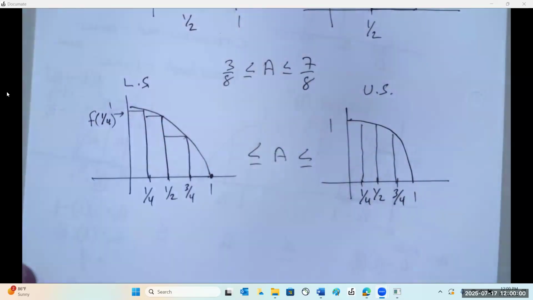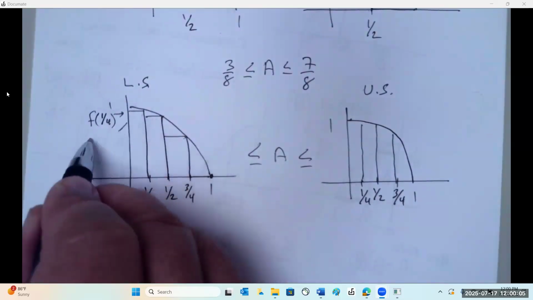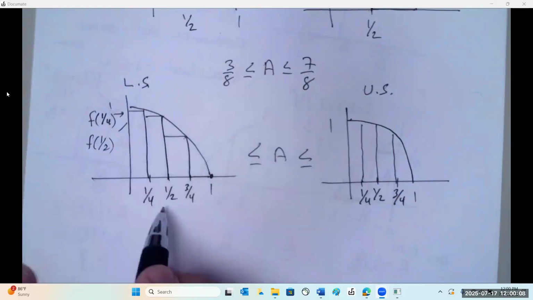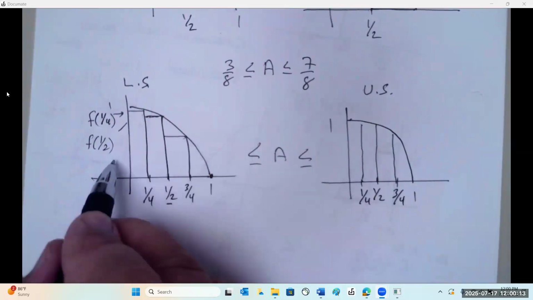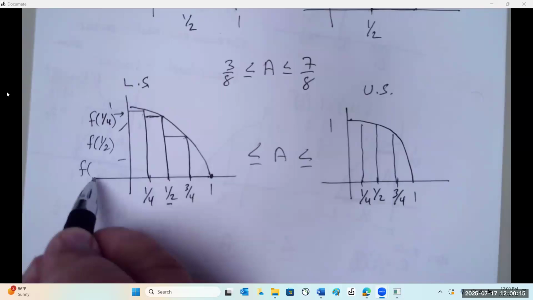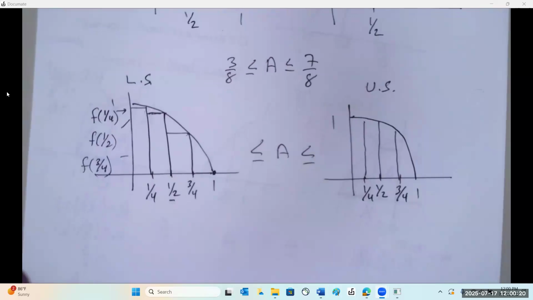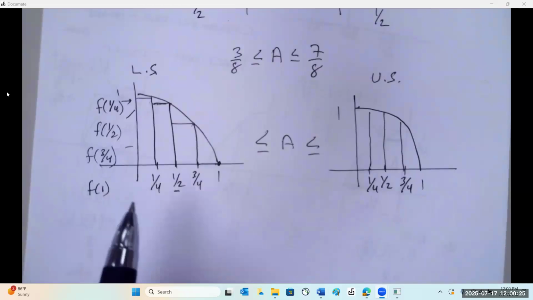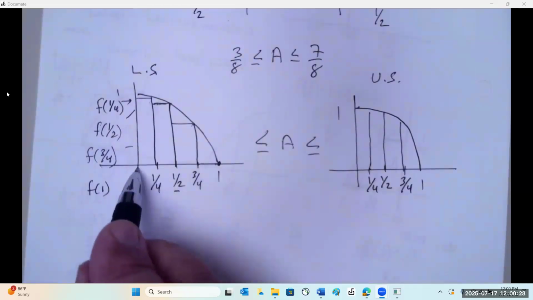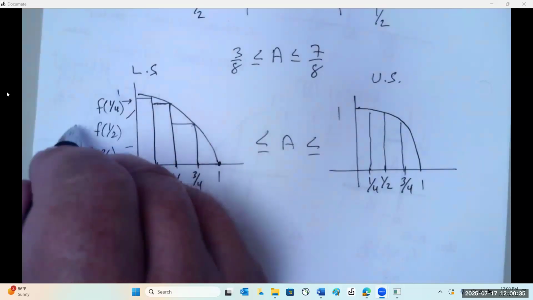That's this one. Then for the next one, we need to find f at 1/2. That's this one, because I want this rectangle. And then for the third rectangle, I want it at 3/4. And then the last one, f at 1. So because it's a decreasing function, out of my intervals, I'm taking the right endpoint. And these will give me my height values.